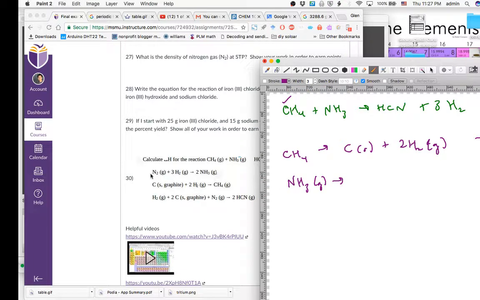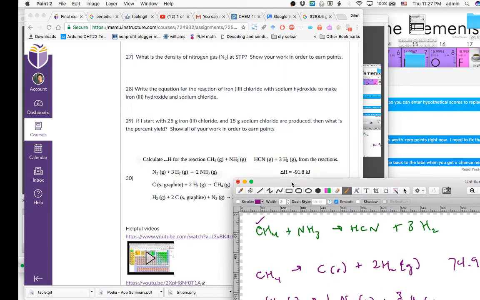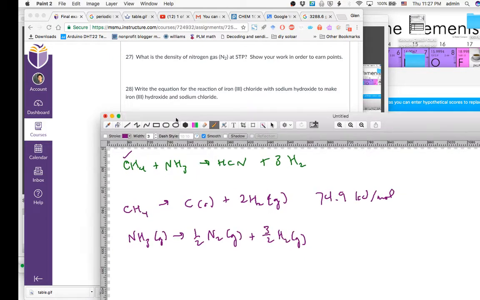And 1 divided by 2 N2 gas. 3 divided by 2 H2 gas. And this is also divided by 2, but it's also flipped. So positive 91.8 divided by 2 is positive 45.9.